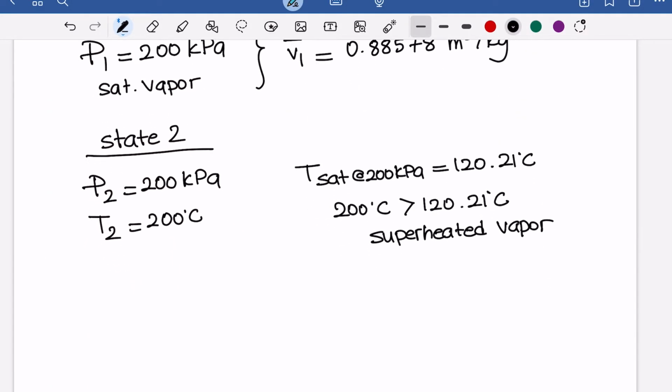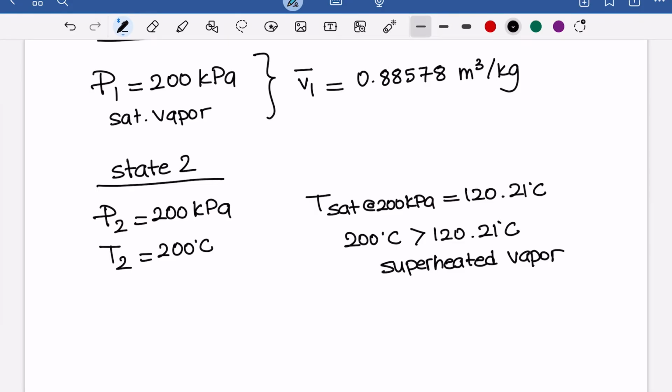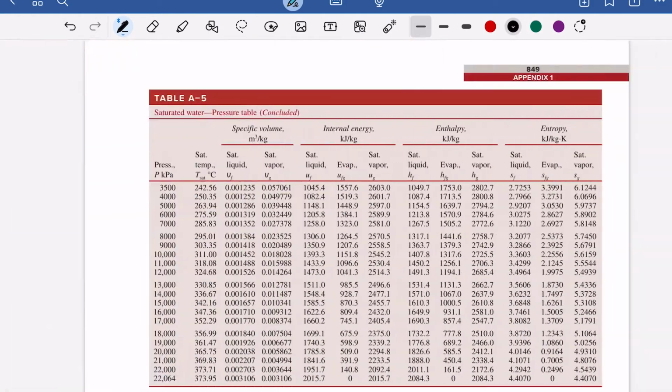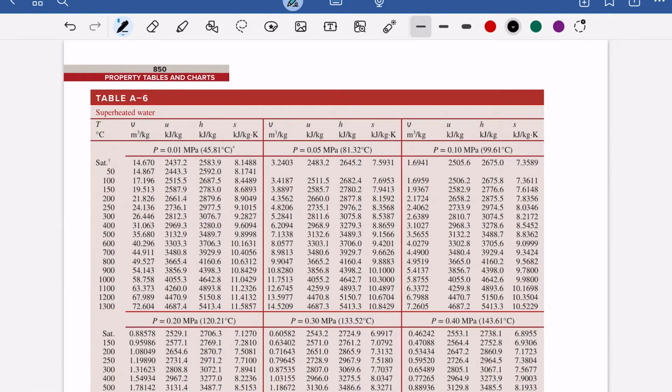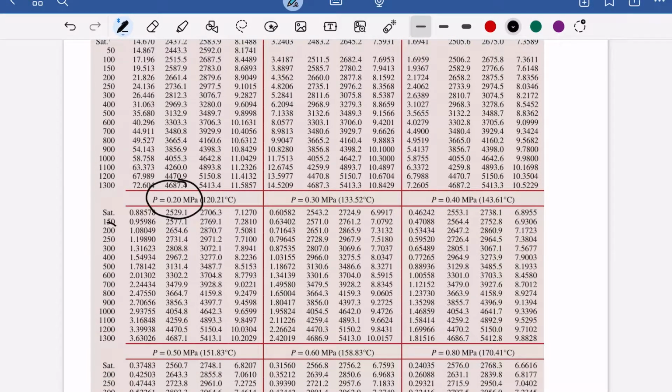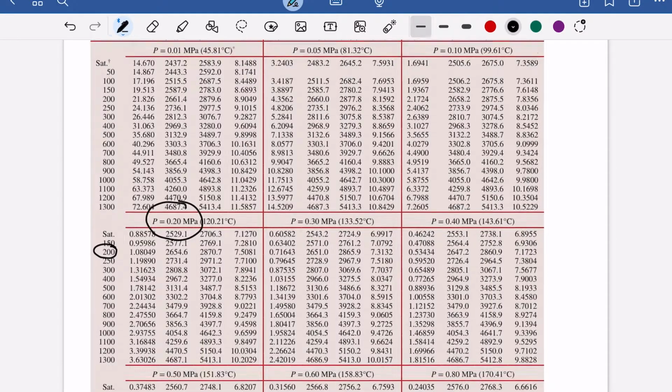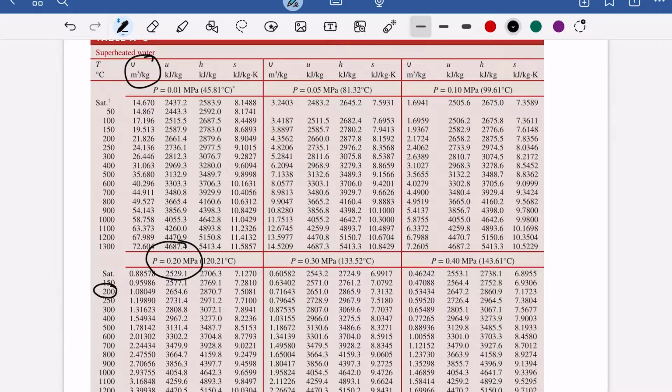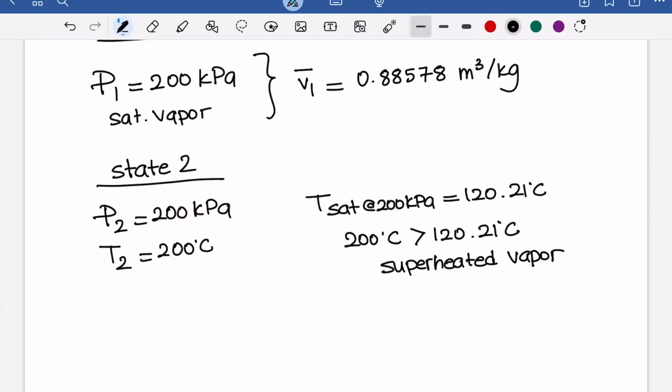Okay, so with that information, we now need to look at superheated tables. Table A6, 0.2 megapascal, right there. At 200 degrees Celsius, what is the specific volume? It is 1.08049. We go back and write it down.